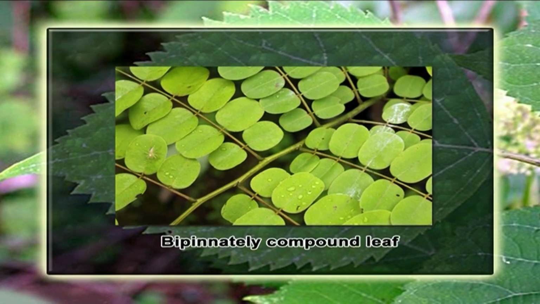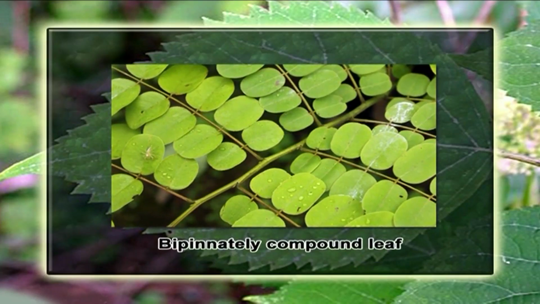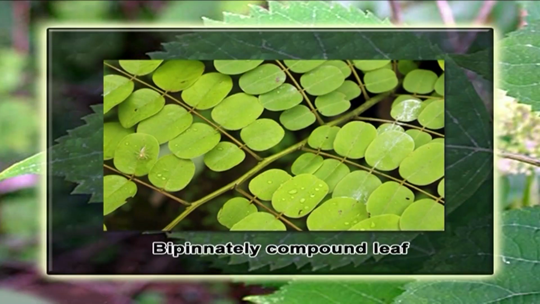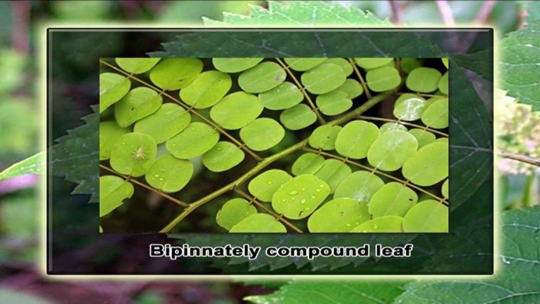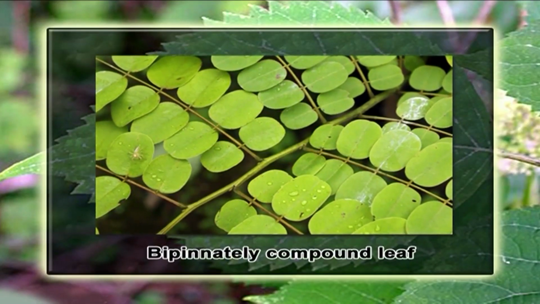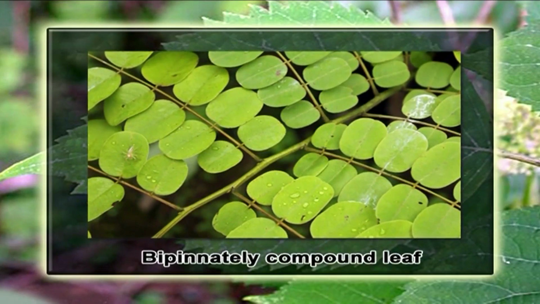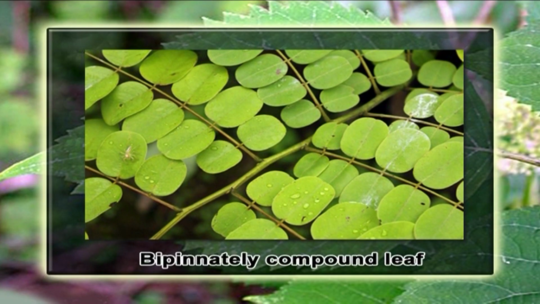It is a twice pinnate compound leaf. The pinnae are dissected again into pinnules. Thus, the main rachis produces secondary axes which bear the pinnules. For example, Acacia nilotica, Mimosa pudica, etc.